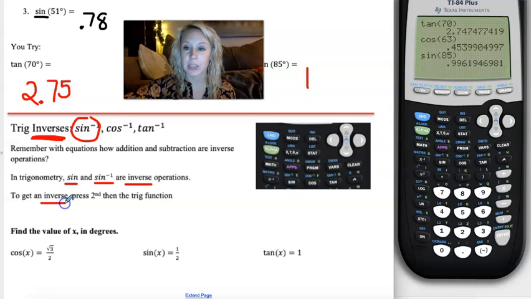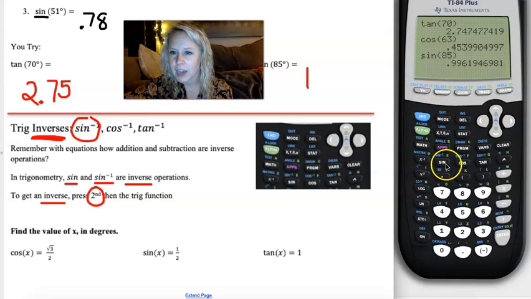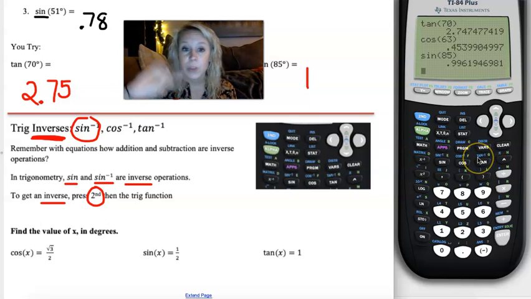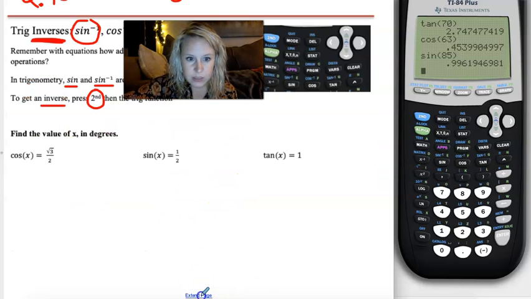To type it in the calculator, you press the second button first, the blue button, because above it is sine -1, cosine -1, and tan -1 in blue. So they're opposites, okay? Let's try some of these.